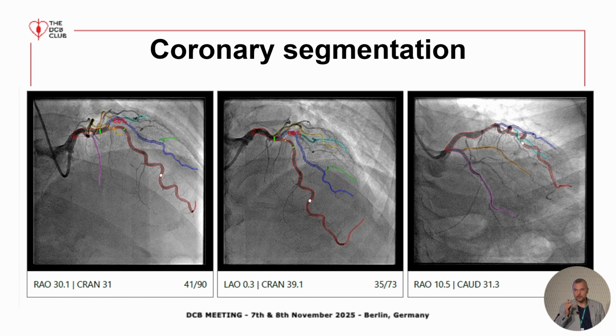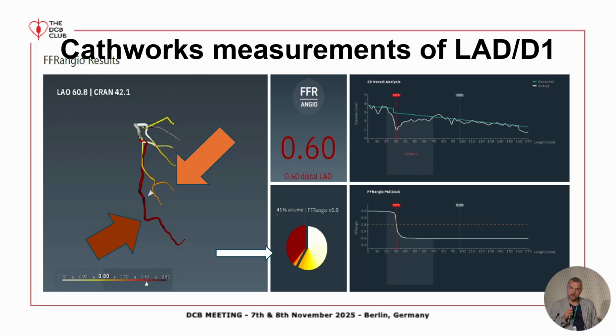The very first thing you have to do is the coronary segmentation, meaning that you have this color code, which doesn't mean anything in terms of physiology, but it's important for the software, which is non-invasive, for understanding the true significance of every single segment at a time. In other words, in 3 projections, you analyze the entire left system. Obviously, the focus was on the LAD.